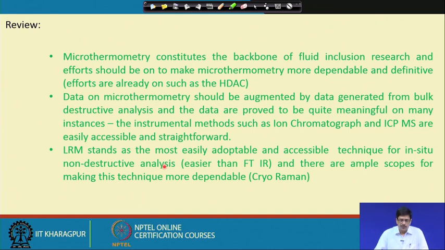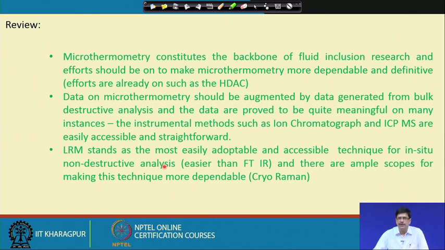Here it would be worthwhile to make a mention about a recent development. It is already of course more than about a decade and a half old or more. When we are doing the microthermometric study in conventional heating freezing stages, we are conducting the experiments at 1 atmosphere condition.